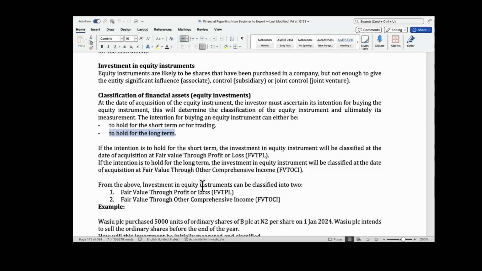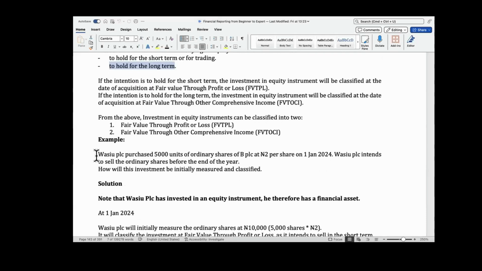Okay. Now, look at this guy, Asu PLC. He bought 5,000 units of shares of BPLC at 2 naira on 4th January 2004. And Asu PLC intends to sell the ordinary shares before the end of the year. How will the investment be initially measured and classified?